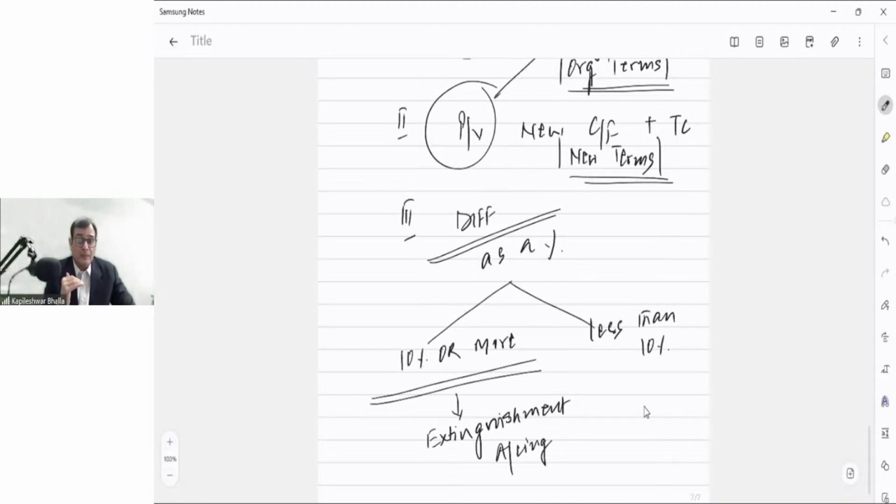So if the variation is 10% or more, it indicates a material change. That 10% test can also be called a materiality test, where you're evaluating that since the modified terms have resulted in variations of more than 10%, you need to go in for extinguishment accounting.